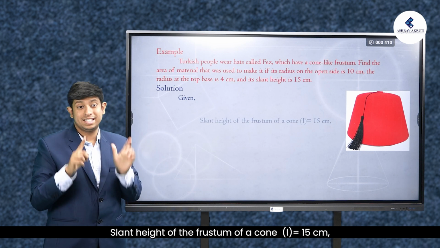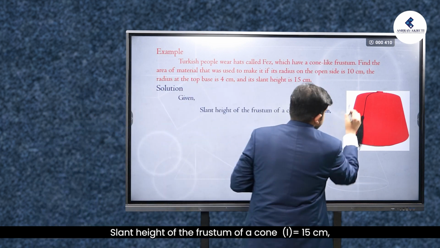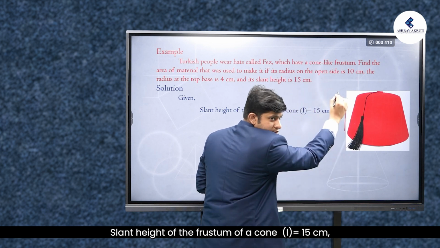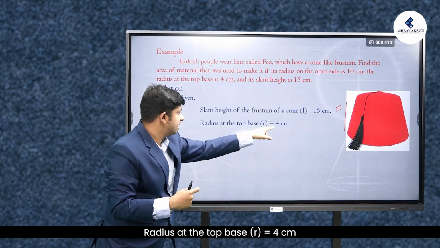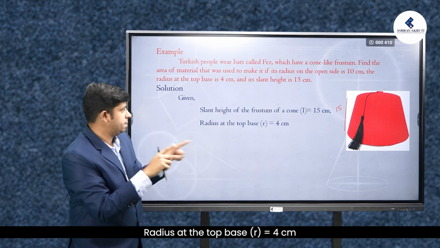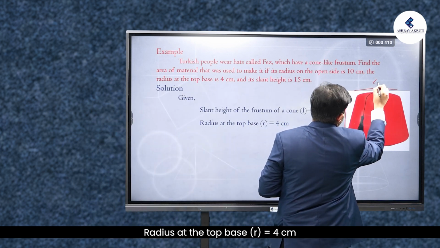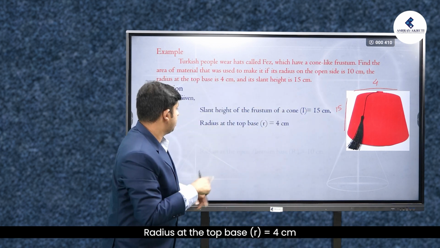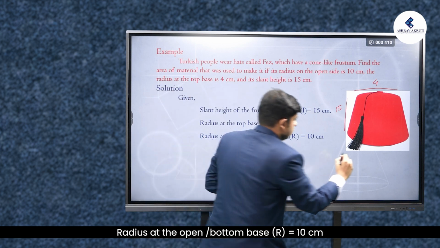Given slant height of the frustum of a cone L is equal to 15 cm. Radius at the top base r is equal to 4 cm. Radius at the open bottom base capital R is equal to 10 cm.